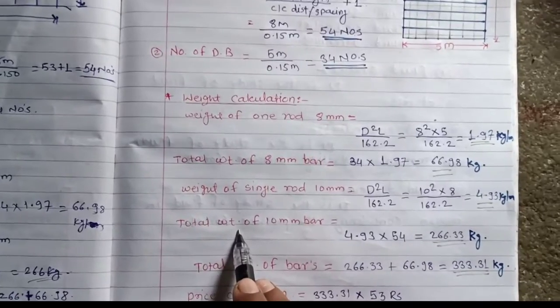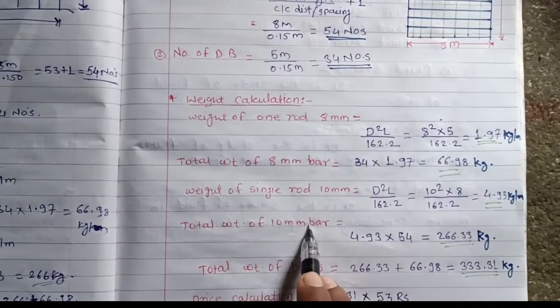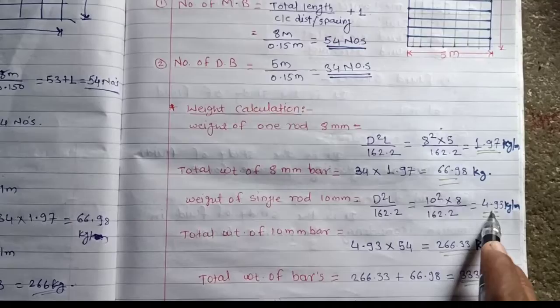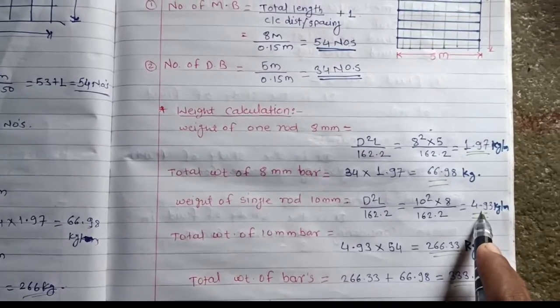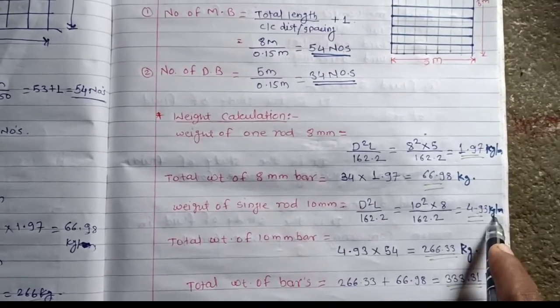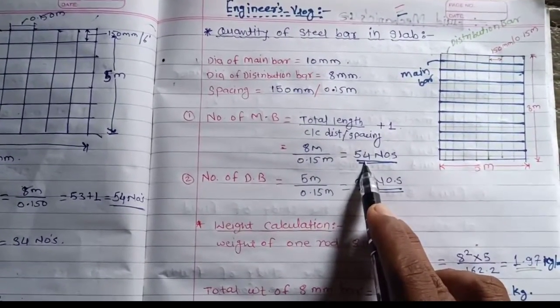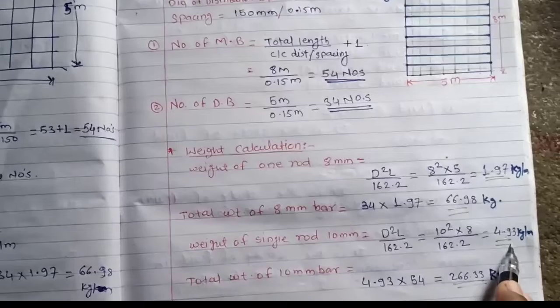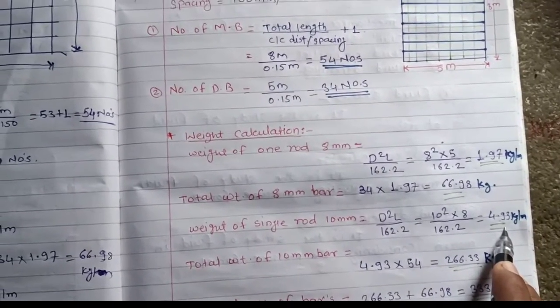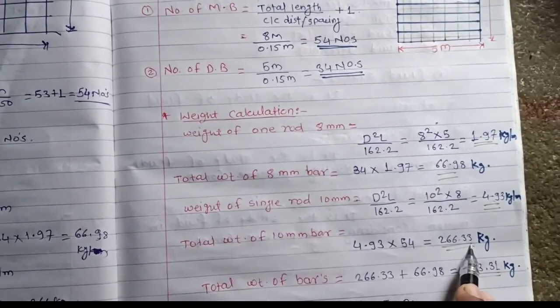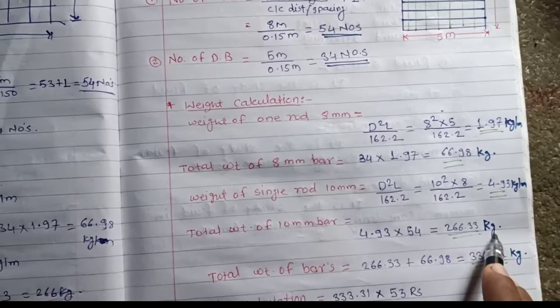The total weight of the 10 mm bar is, one bar weight is 4.93 kg, therefore total bars are 54. Then 54 into 4.93 is about 266.33 kg.